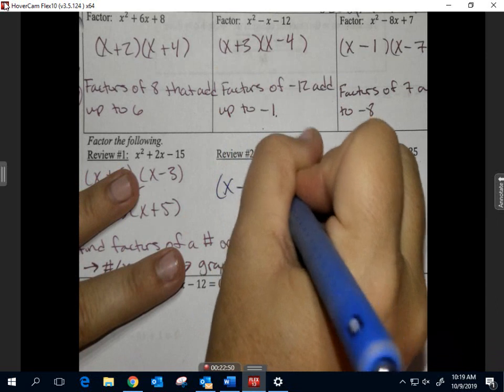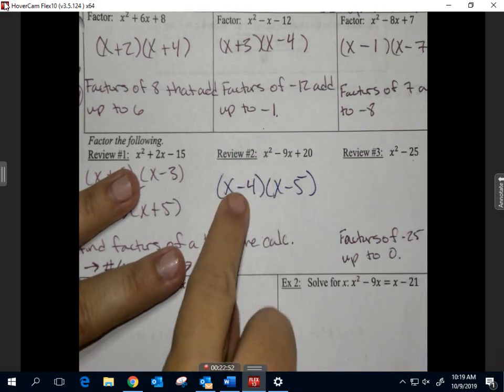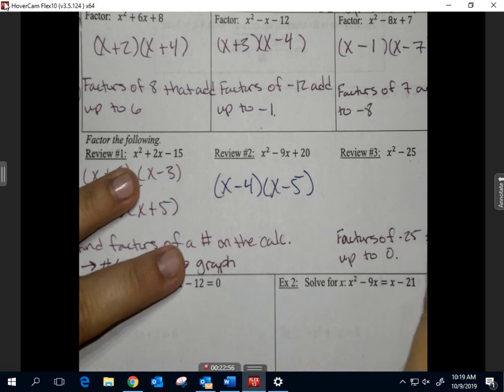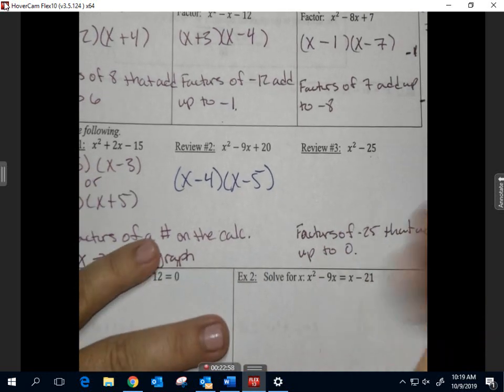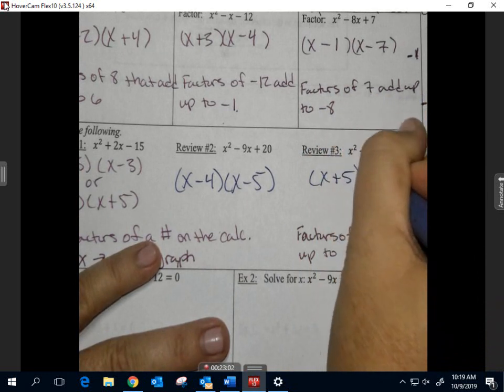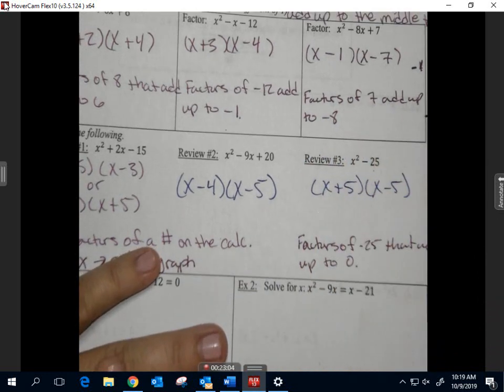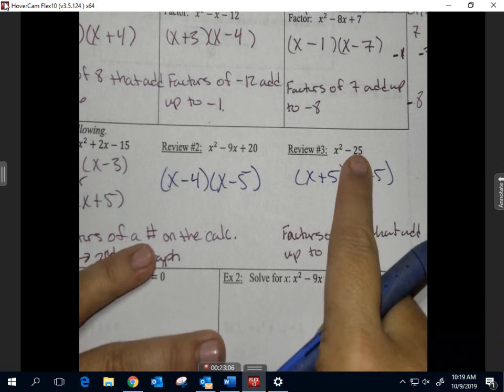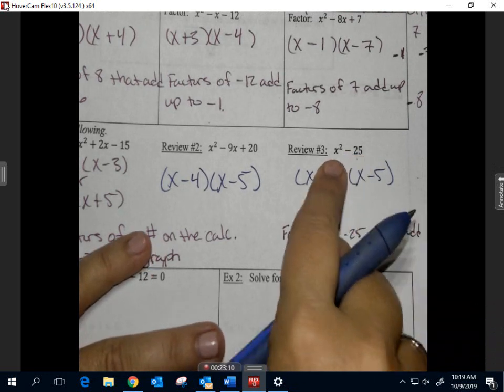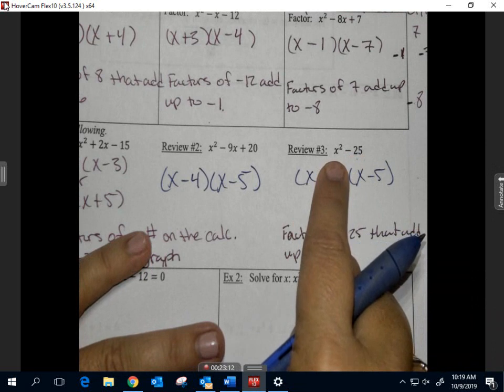So it could be the other way around, x minus 5, x minus 4, okay? The last one, x plus 5, x minus 5. What kind of number is 25? Perfect square. Is x squared a perfect square as well?